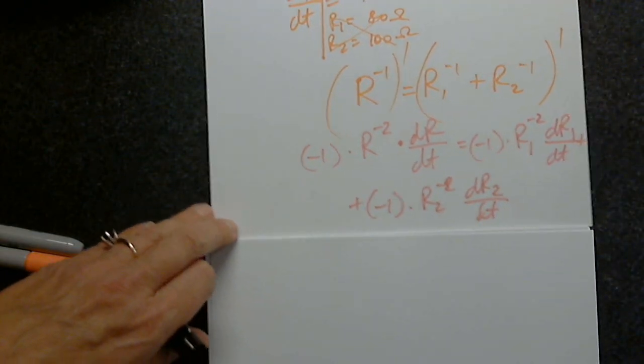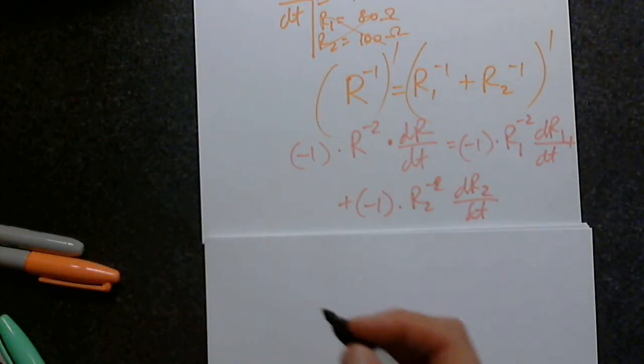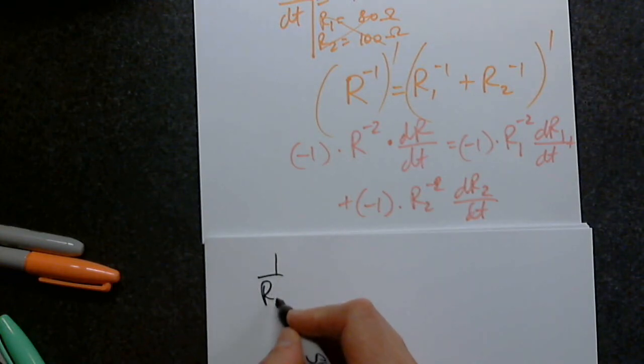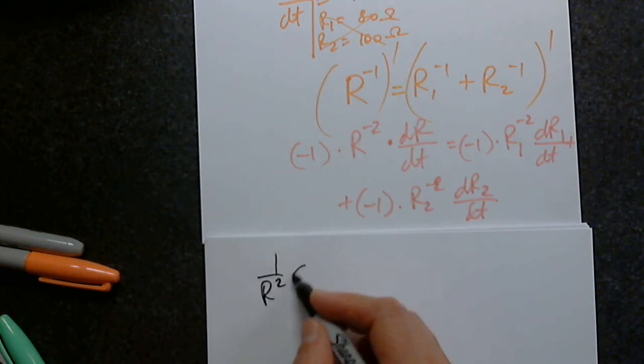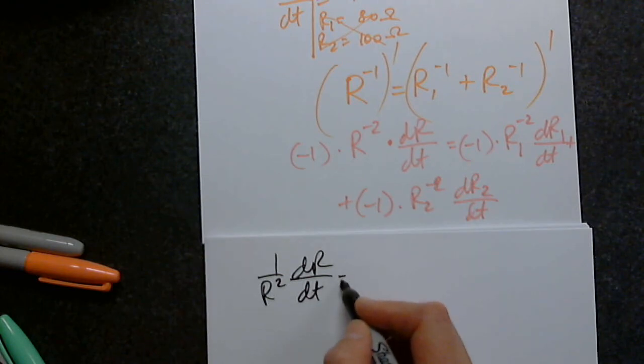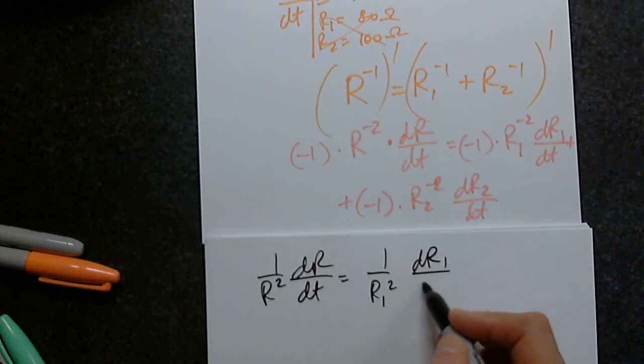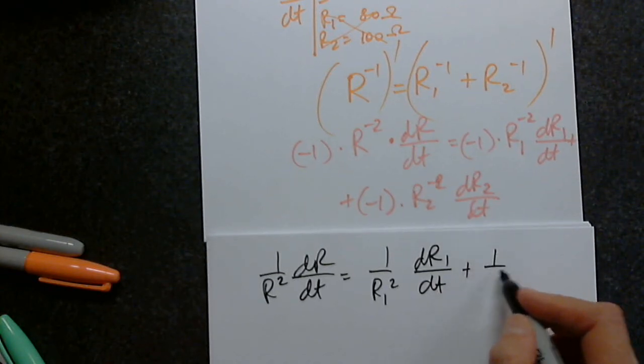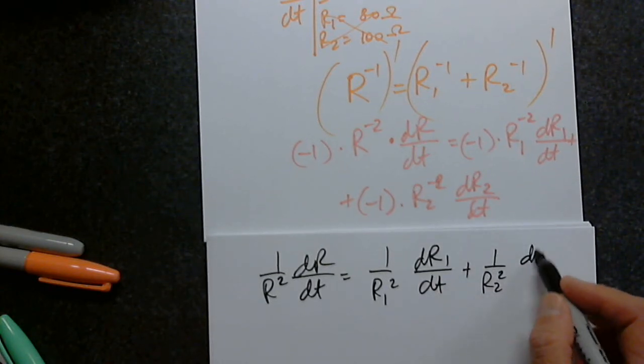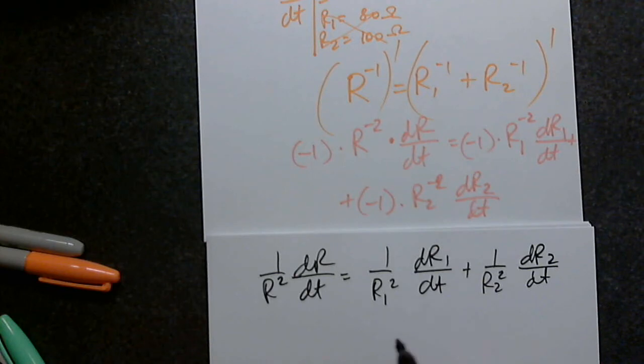Now, if you want, you can change it back into fractions. 1 over R squared dR over dt equals 1 over R1 squared dR1 over dt plus 1 over R2 squared dR2 over dt. And then dR over dt, all I have to do is multiply this whole thing by R squared.